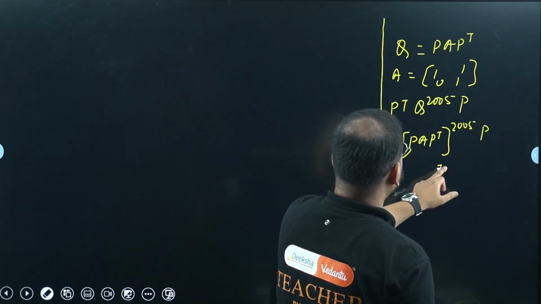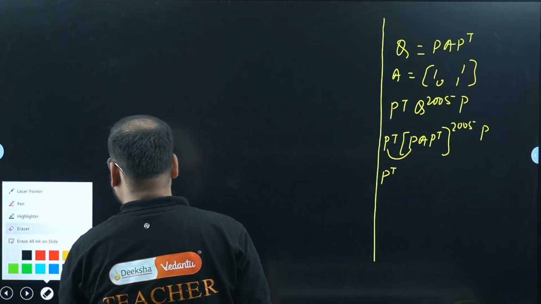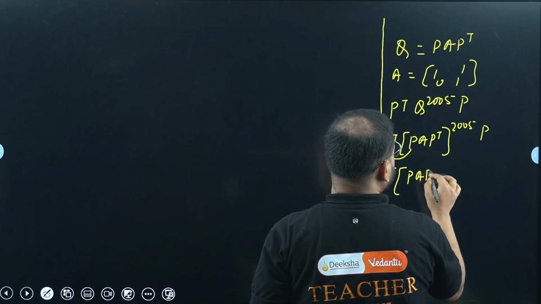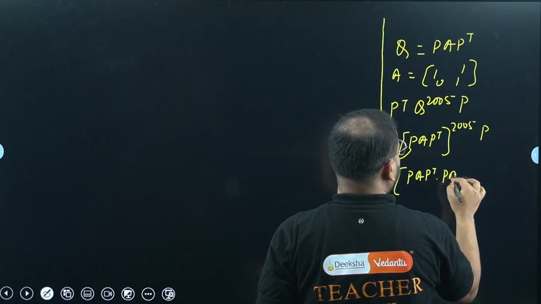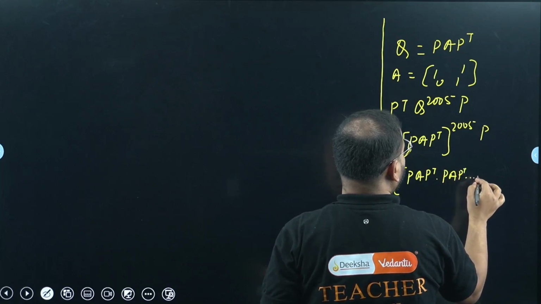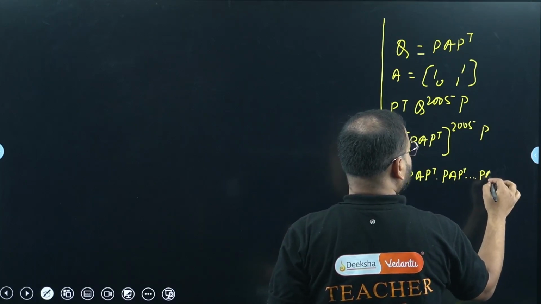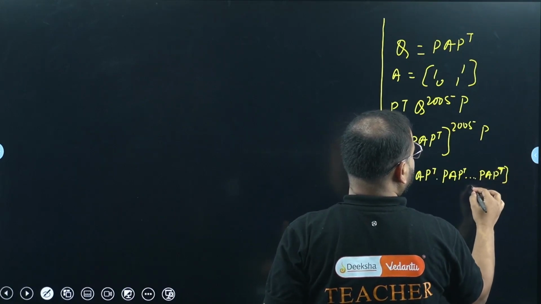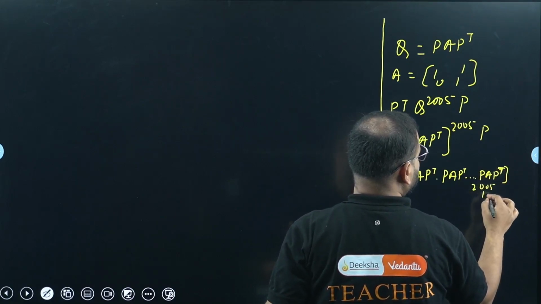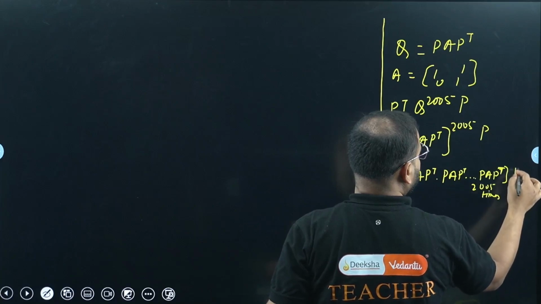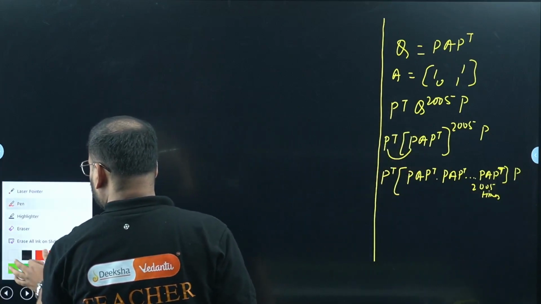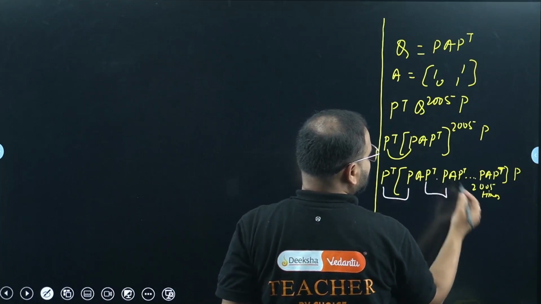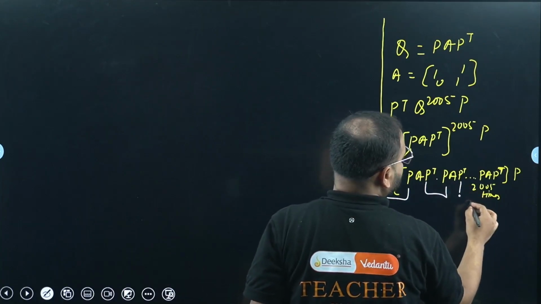If I write the expansion, it will look like this: P A P transpose, P A P transpose, so many times, 2005 times, and last is PAP transpose, times P. Now I can club something together: P transpose times P, and the same will keep going like this.